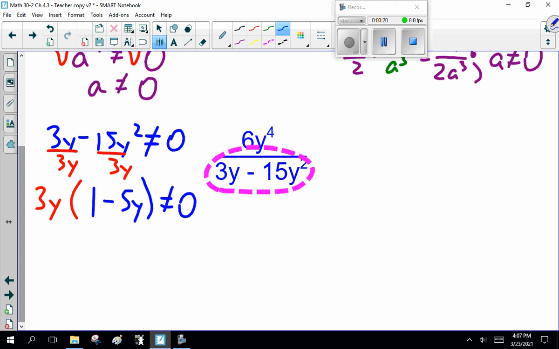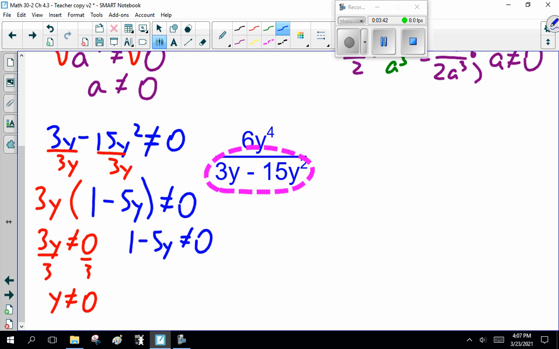Right? Now here, this is important. I have two terms multiplied together. That's why I factor first. Now 3y cannot equal 0. So 3y can't equal 0. Now the other possibility, since I'm multiplying two numbers together that can't equal 0, is that 1 minus 5y can't equal 0.